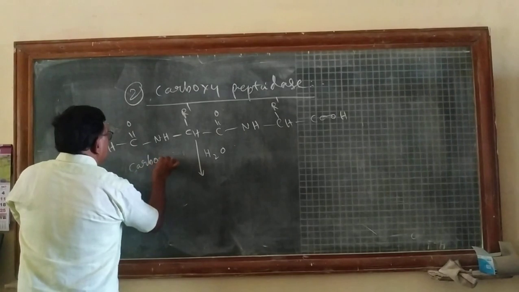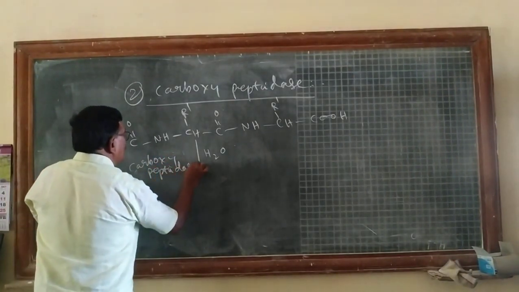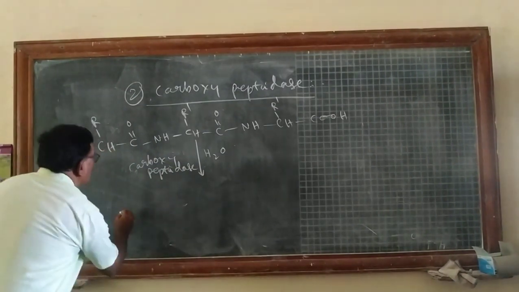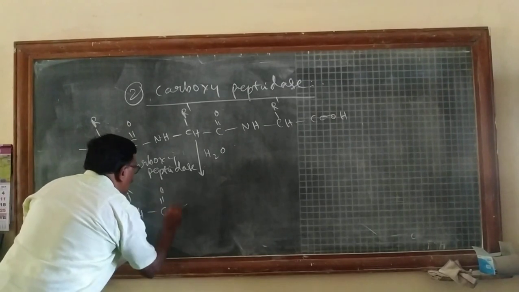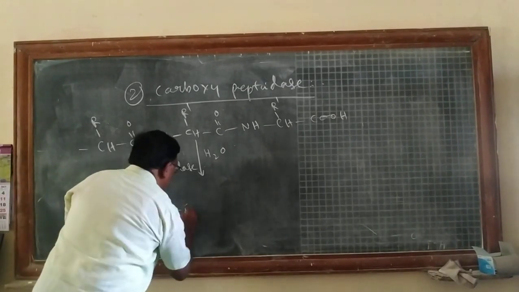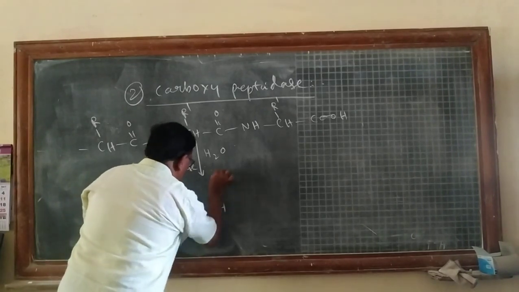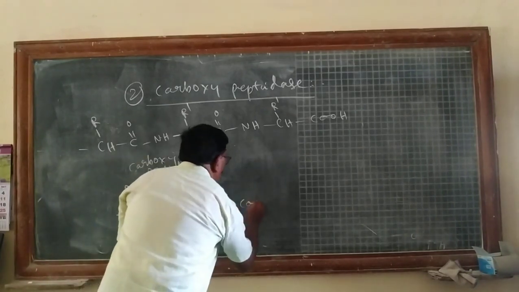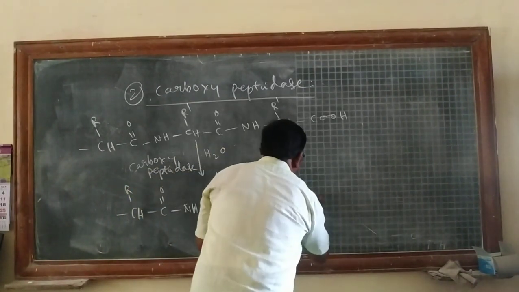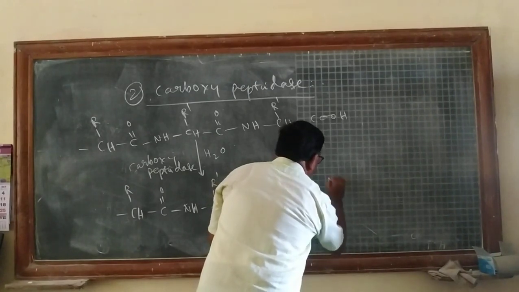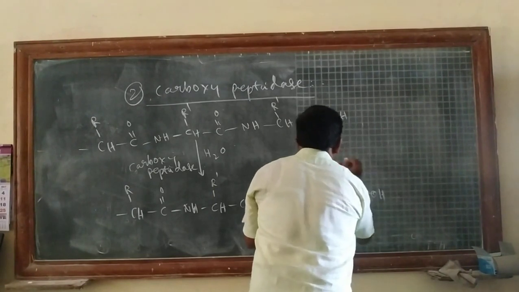It undergoes the carboxypeptidase reaction to give CH single bond R, C double bond O, NH, CH, R dash, and then COOH, plus a product, NH2, CH R dash, and then the C double bond COOH.